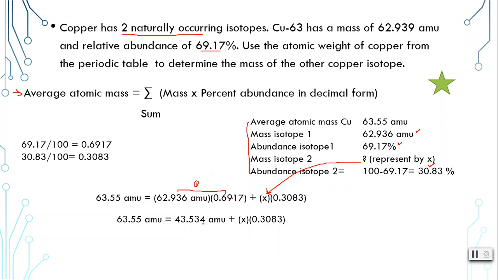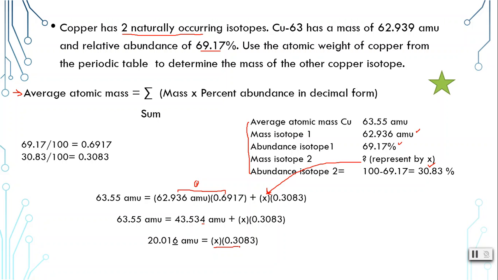After I multiply these two numbers, I get this equation. I'm going to subtract 43.534 from both sides to try and isolate my x. When I do that, your equation simplifies into this. One more step to solve for x.